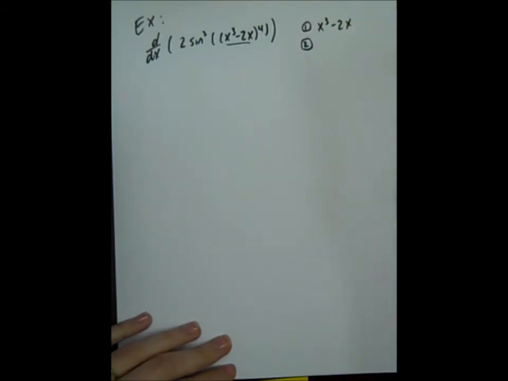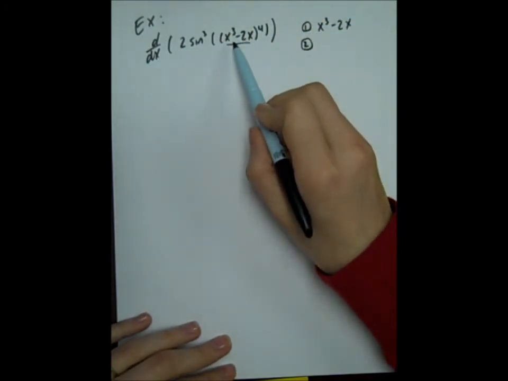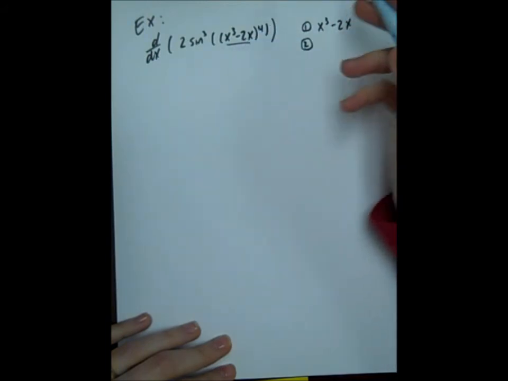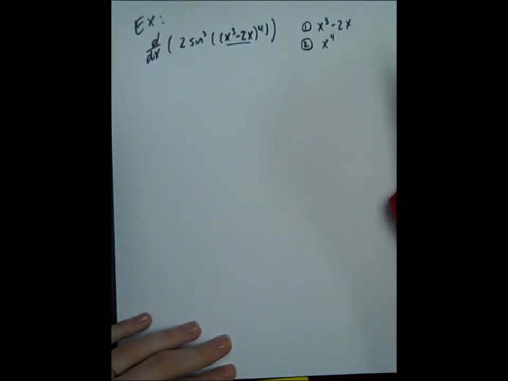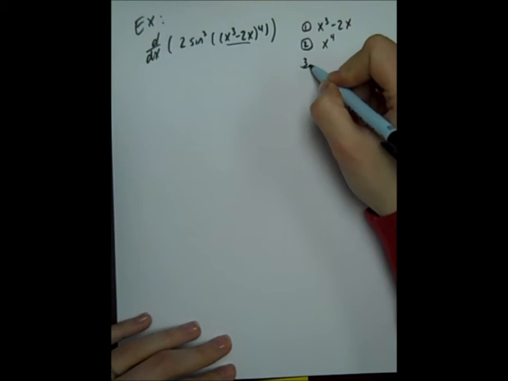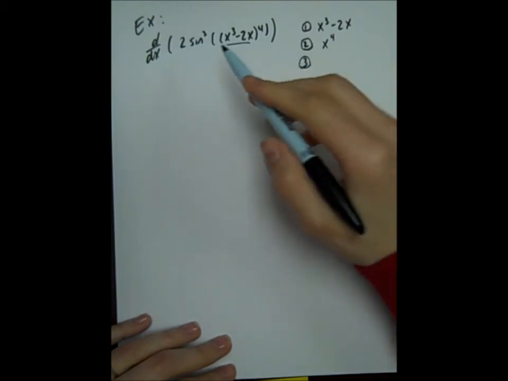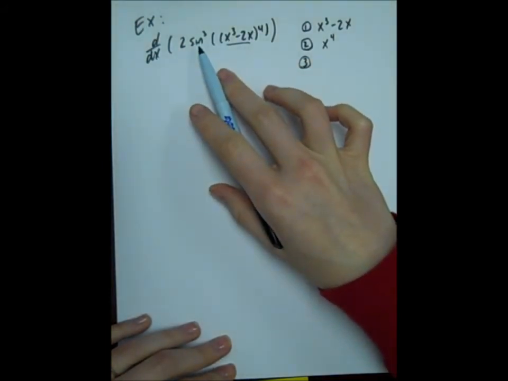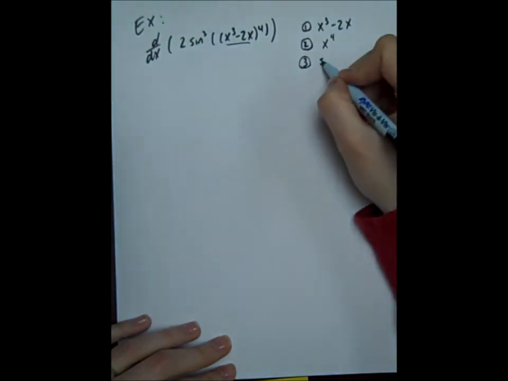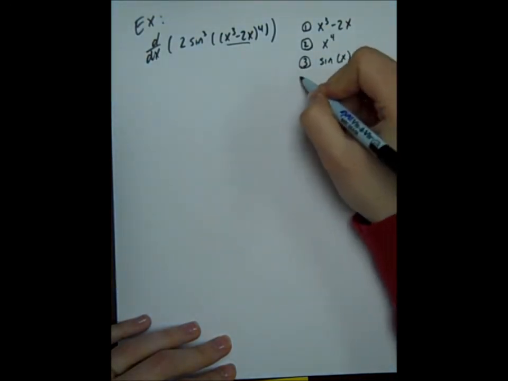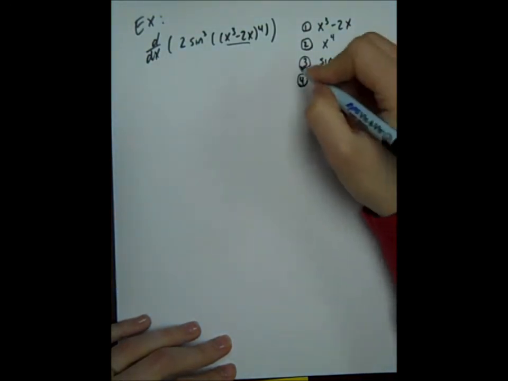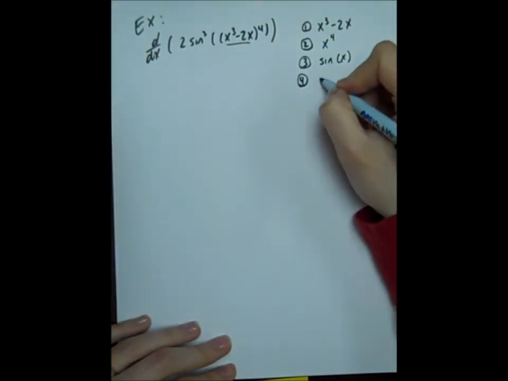If I was plugging in a number to this function, I would do x cubed minus 2x, then I would raise it to the fourth power. Then what would I do? Well, this sine cubed, this says take sine and then cube it. So the next function would be sine of x. And then lastly, I would cube it and multiply by 2.